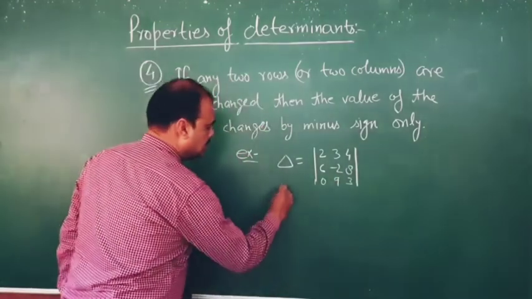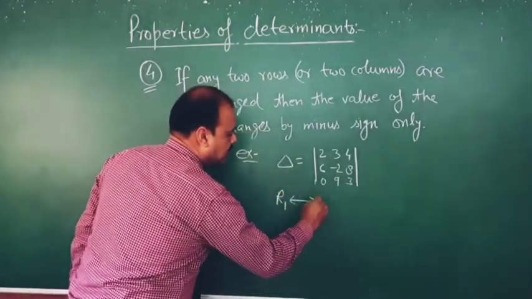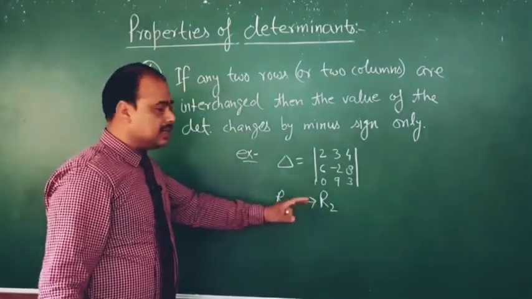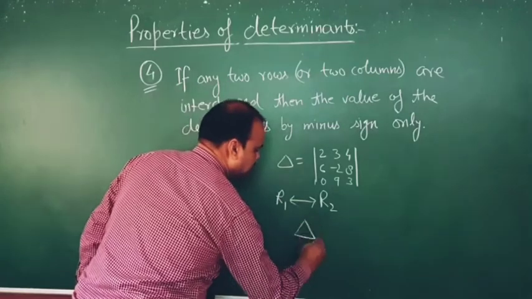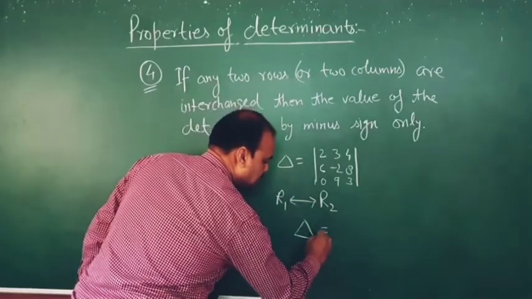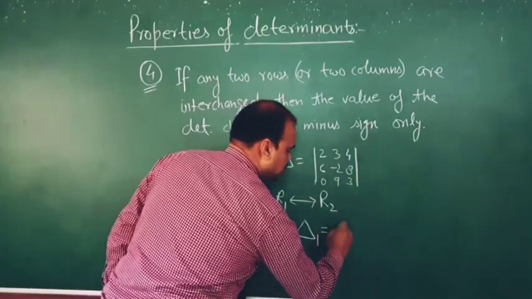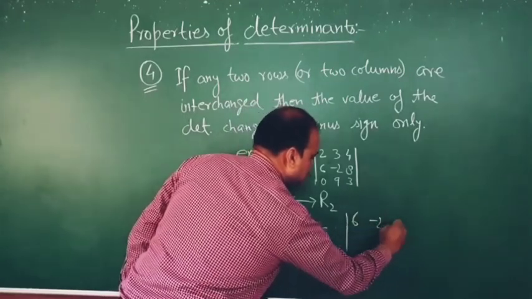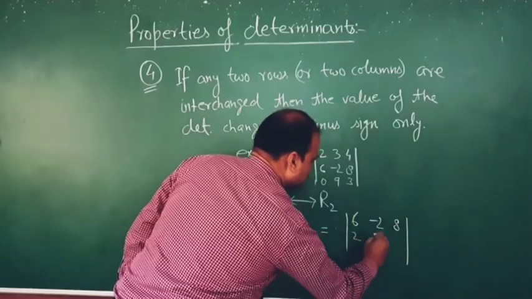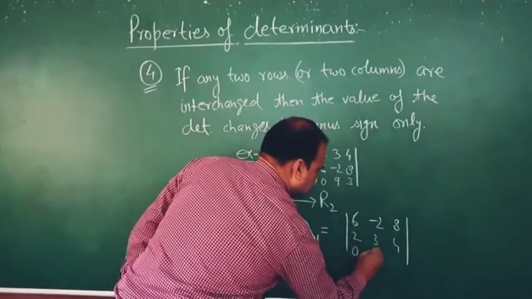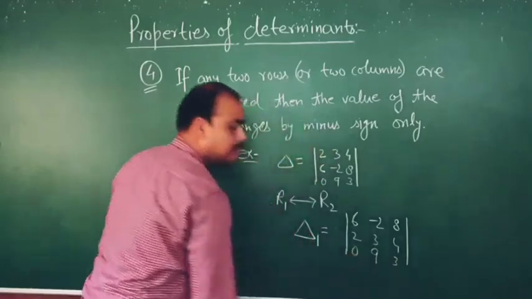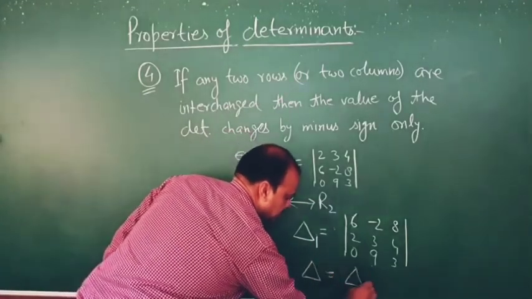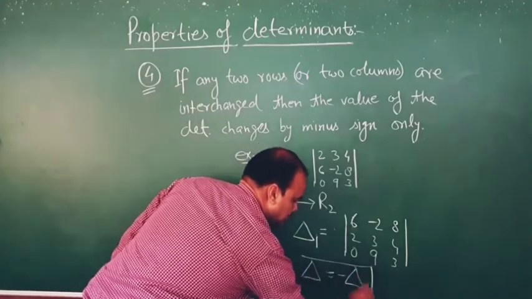If we interchange R1 and R2, it means row 1 and row 2 are interchanged, then the value of determinant delta 1 equals 6, -2, 8, 2, 3, 4, 0, 9, 3. These two determinants will be related by this relation.